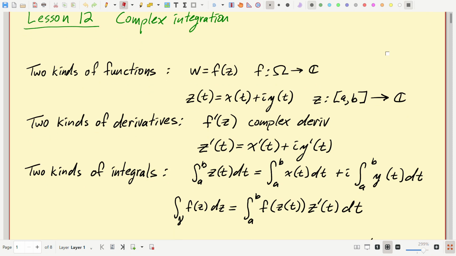But that led to something new, and that was the definition of the complex integral of f of z dz along a curve. And that's defined in terms of the previous kind of integral. So I would calculate f of z of t, multiply by z prime of t dt, and then integrate that in terms of the definition of the previous kind of integral, namely of a complex function of a real variable.